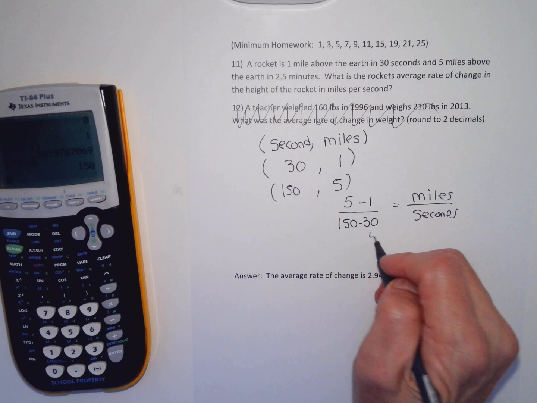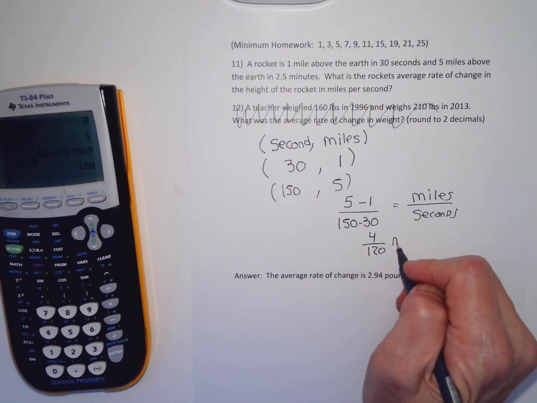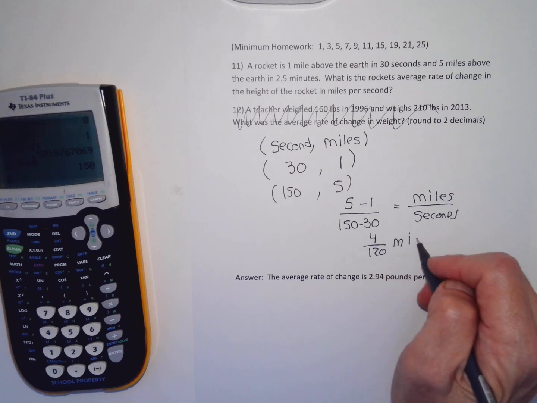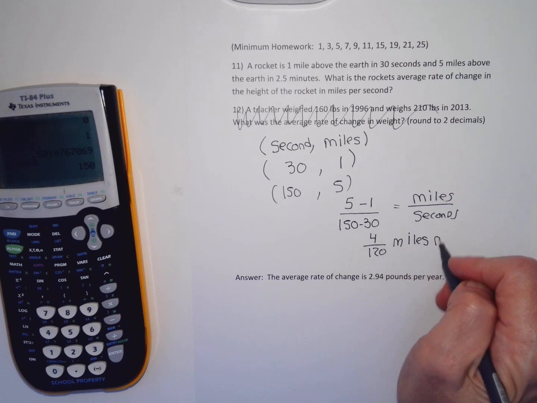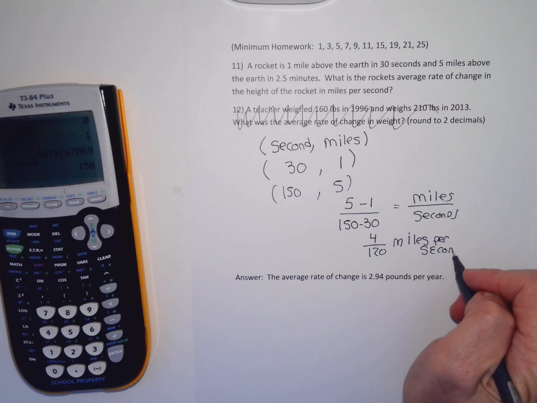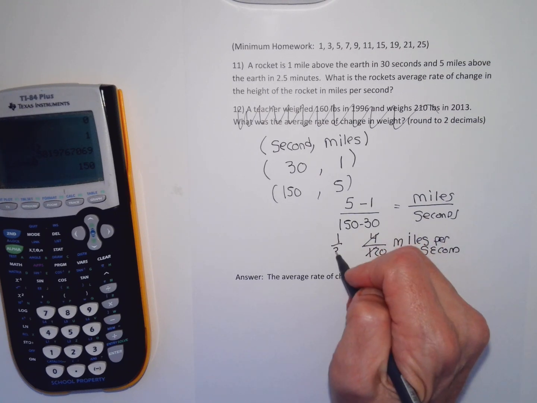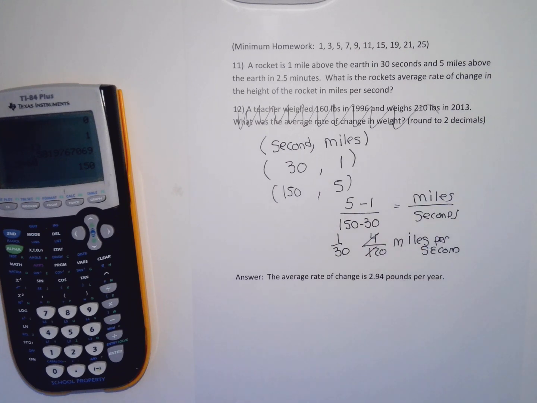This is going to give me 4 over 120 miles per second. And I'm going to reduce that fraction to 1 over 30. So for number 11, the rocket is moving at 1/30th of a mile per second.